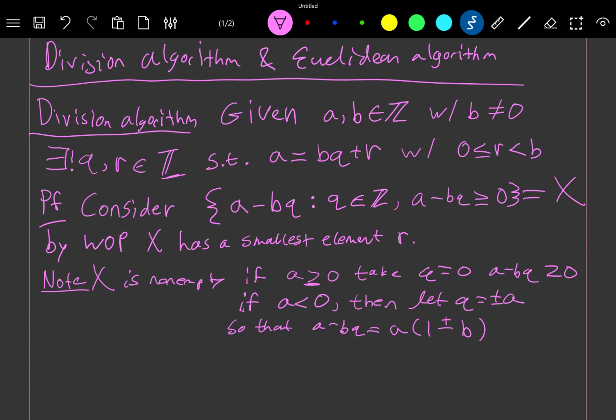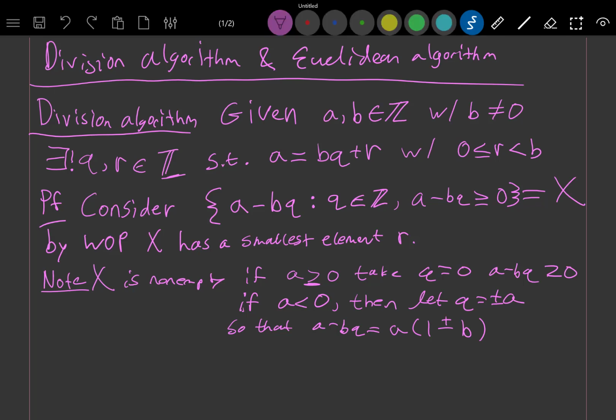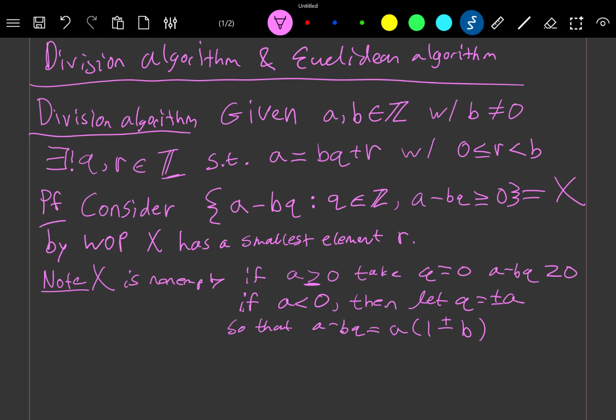We know b is not 0, so you can choose the value that makes this factor not positive, since a is not positive, so negative, and the product will then be positive. So this set is non-empty.